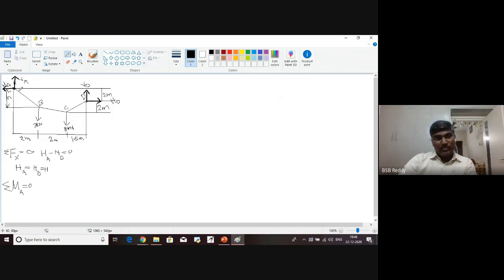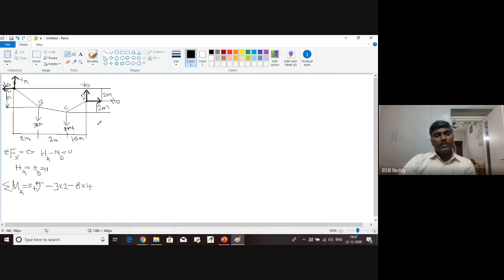Anti-clockwise we take as positive, clockwise negative. So HA becomes 0, VA into distance is 0, so its moments are 0. 3 is clockwise, so minus 3 into distance 2, minus 8 into distance 4.